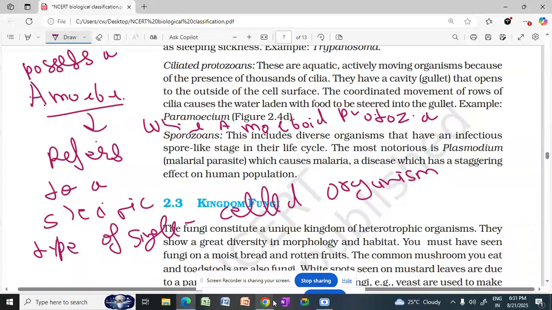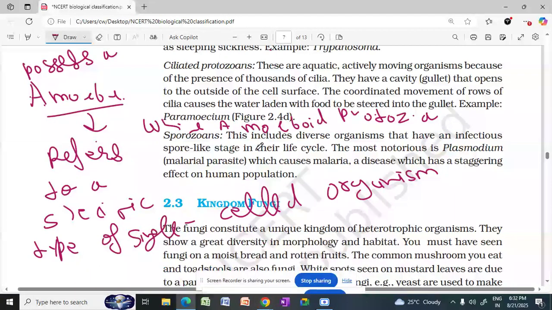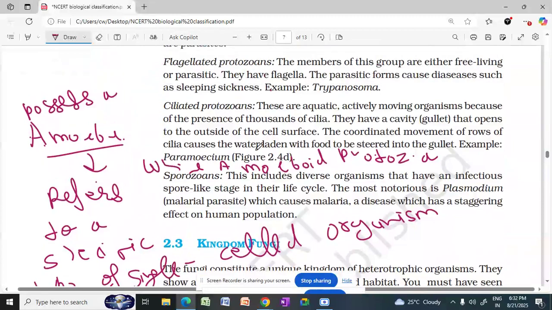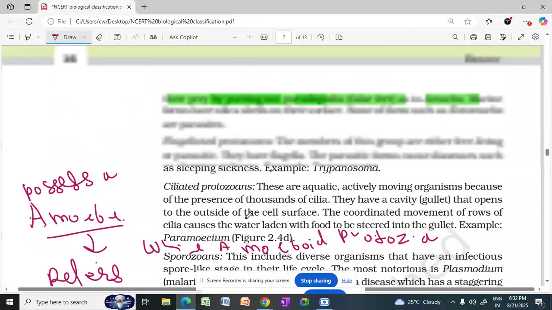These two are just different. Amoeba refers to a specific type of single celled organism, whereas amoeboid protozoan represents the broader category. But they resemble each other due to the presence of pseudopodia.